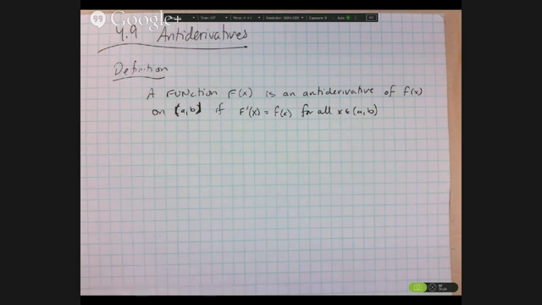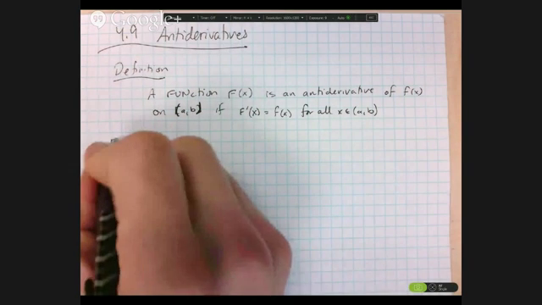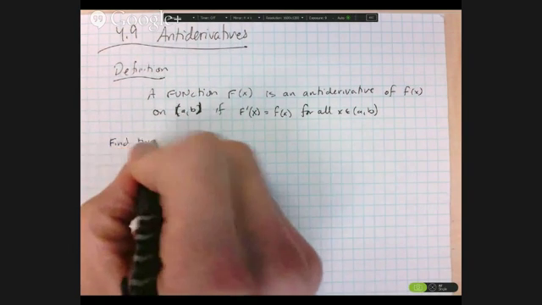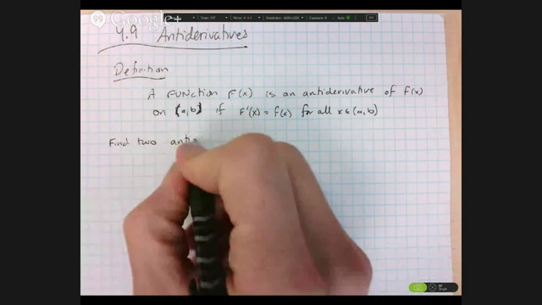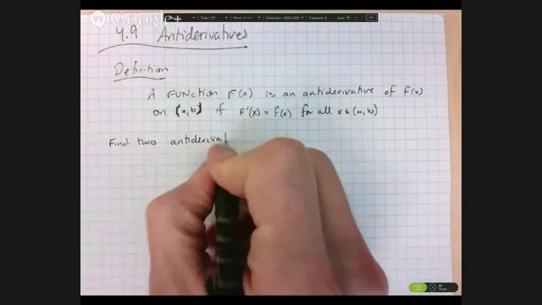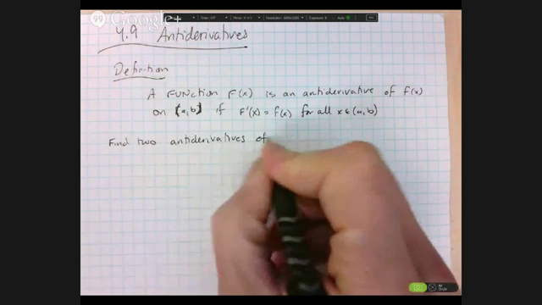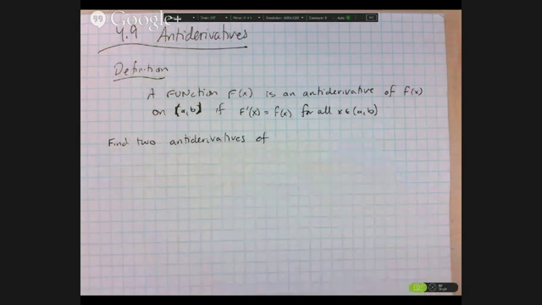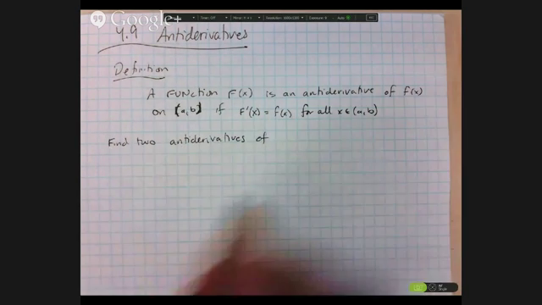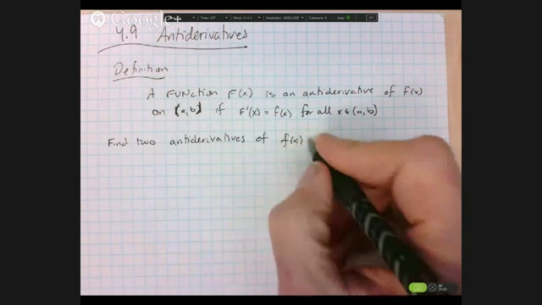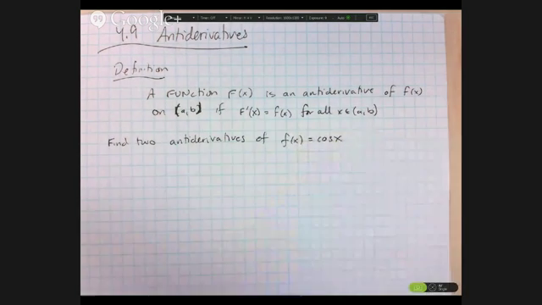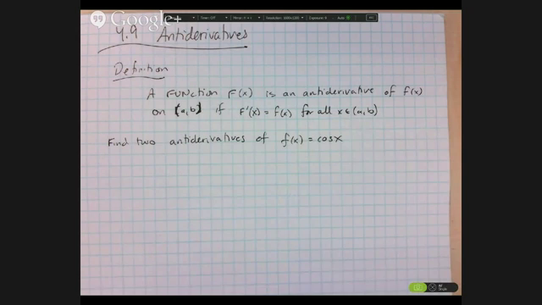Okay, so find two antiderivatives of cosine x. Oh, this is where we had to add the constant, huh?